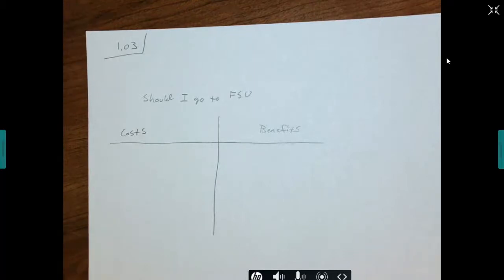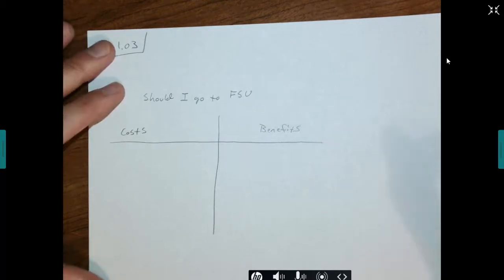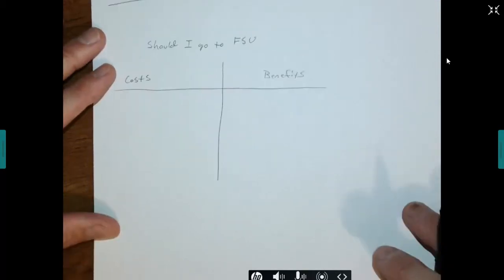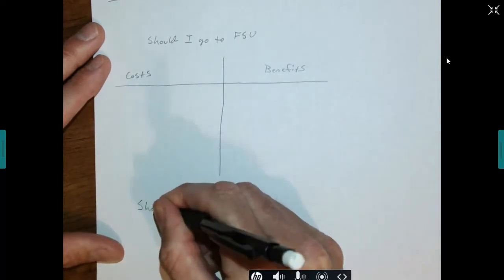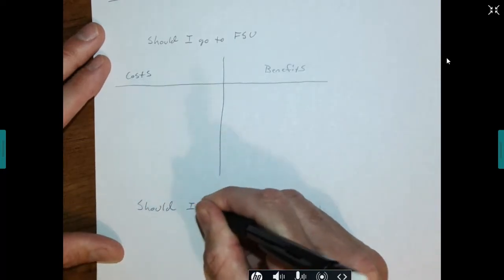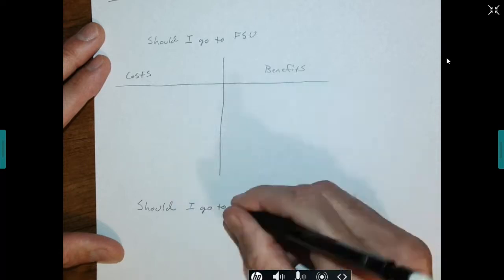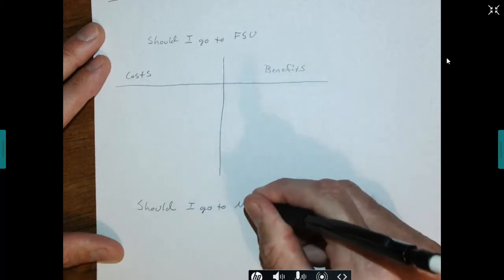If you're really doing a comparison to something to help you out, you can look at the difference between going to FSU versus, should I go to, I don't know, Northeastern.